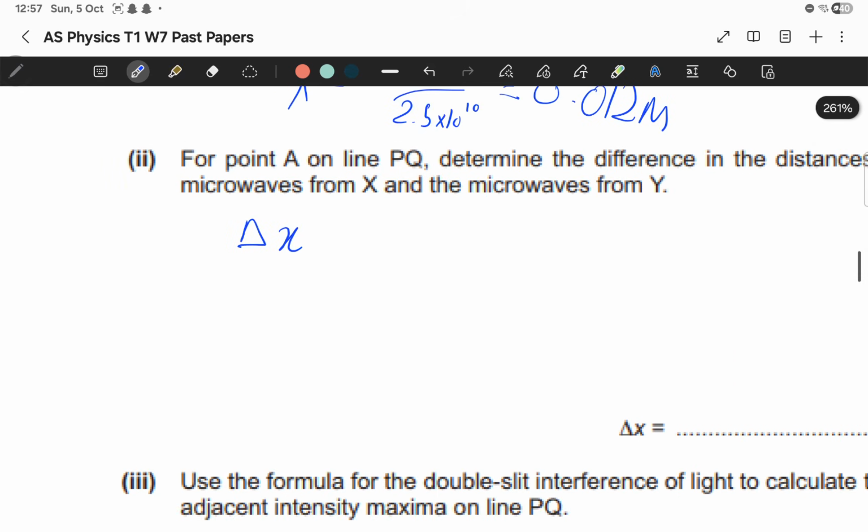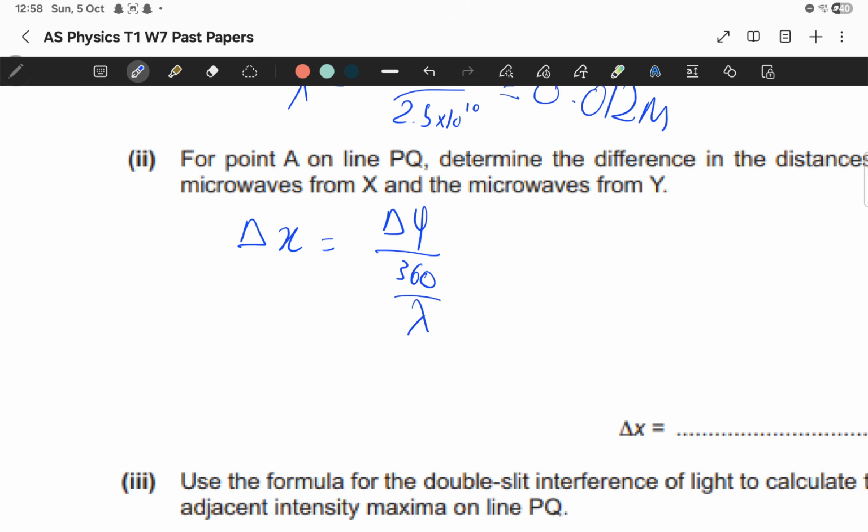We have multiple formulas for delta x, but we're actually just going to use one. We're going to use delta x is equal to delta phi over 360 over lambda. Okay, this is all in one fraction.